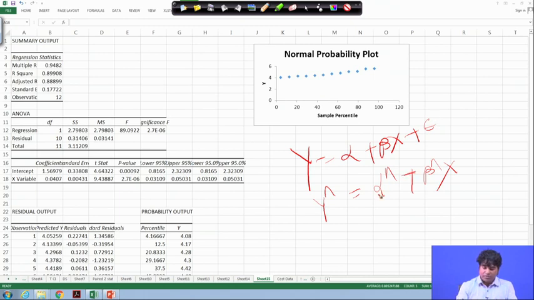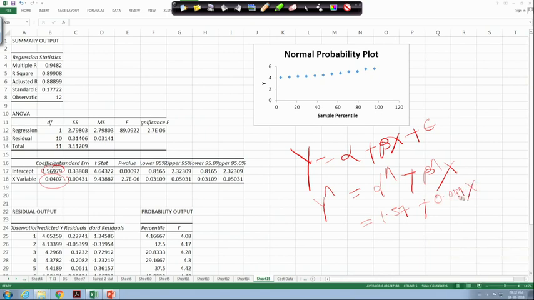Here alpha cap, the intercept coefficient, is equal to 1.57, plus beta cap equal to 0.041, and x. So, this is the alpha coefficient and this is the beta coefficient, and x is the independent variable, and y cap is the predicted dependent variable, and y minus y cap gives us the error component.